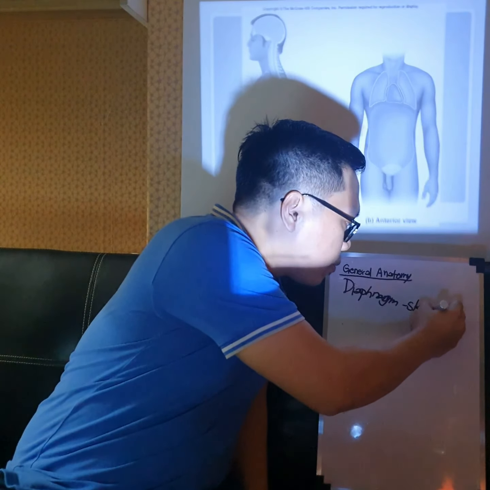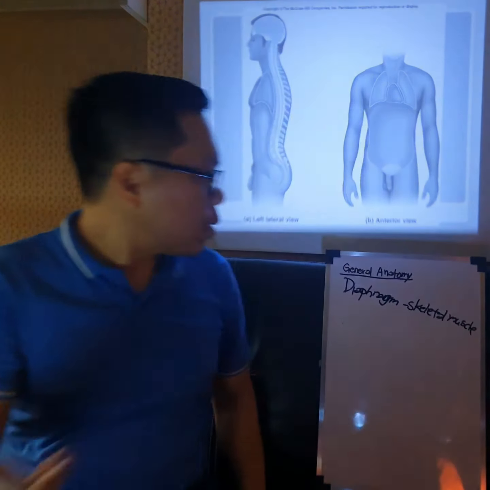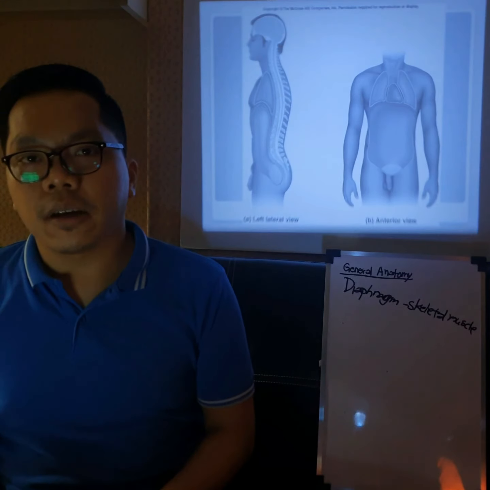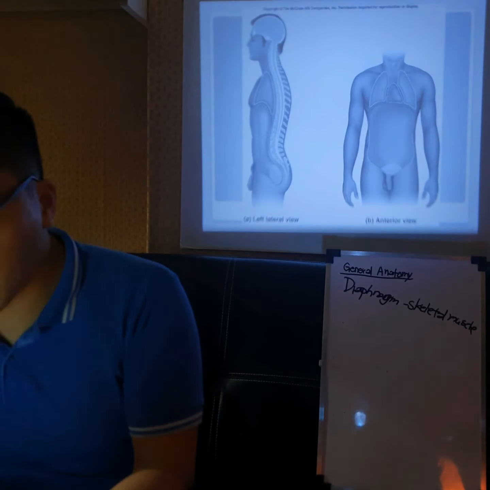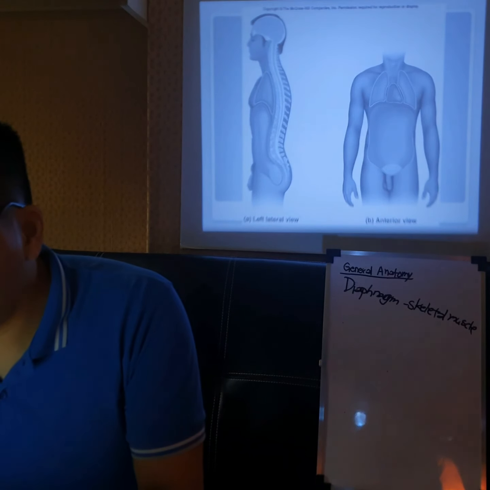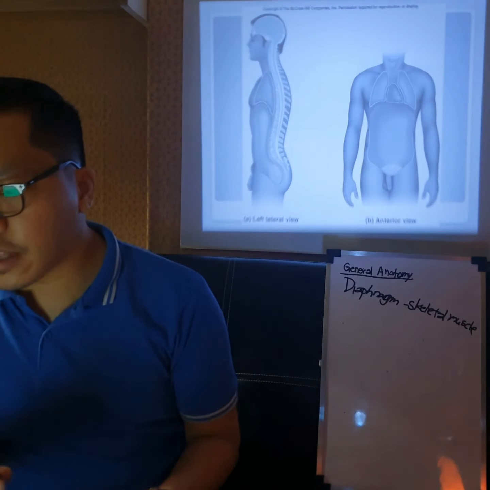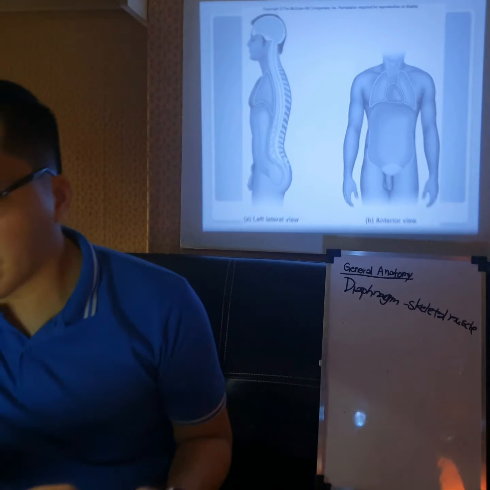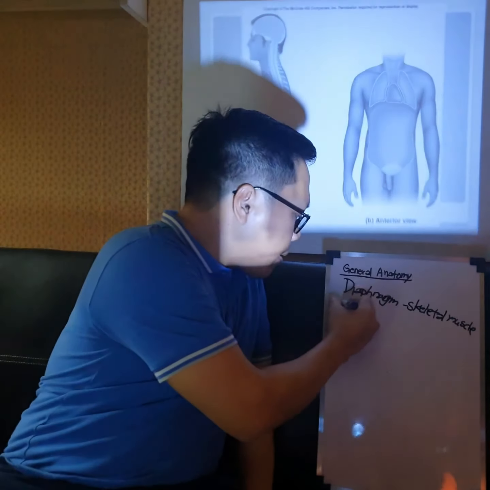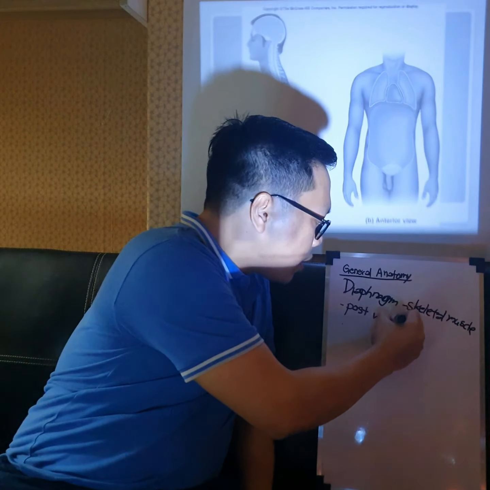And good luck to you if your diaphragm is a smooth muscle. So it is actually a skeletal muscle, because the diaphragm is attached to the vertebra and also the anterior abdominal wall. So again, posteriorly, it is attached to the vertebra.